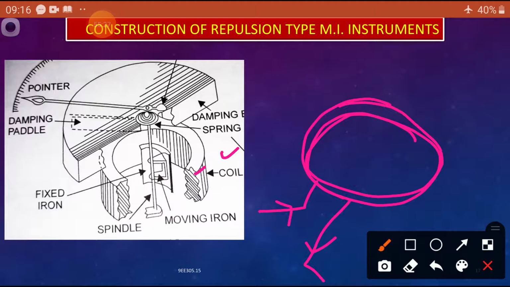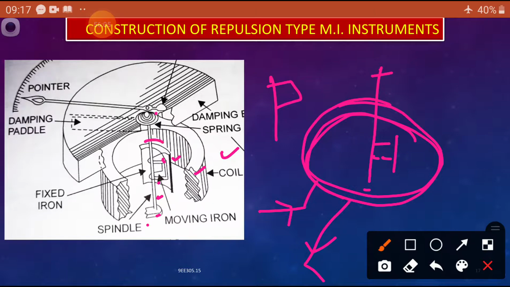Next, one spindle is provided, placed on jeweled bearings as usual, and it is attached to one iron piece. You can see this shaped iron piece is attached to the spindle.